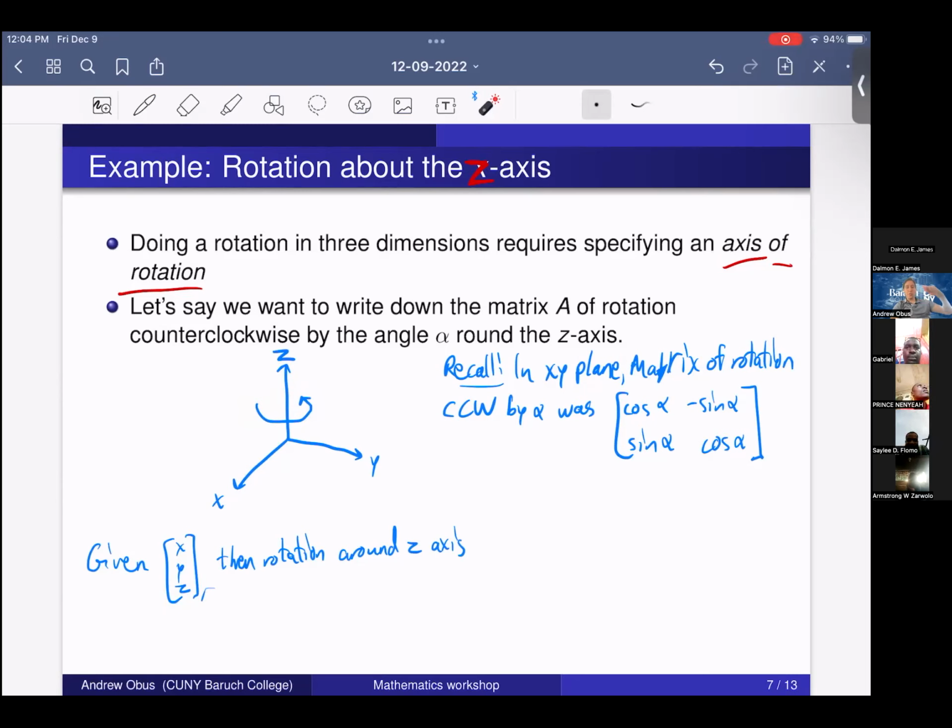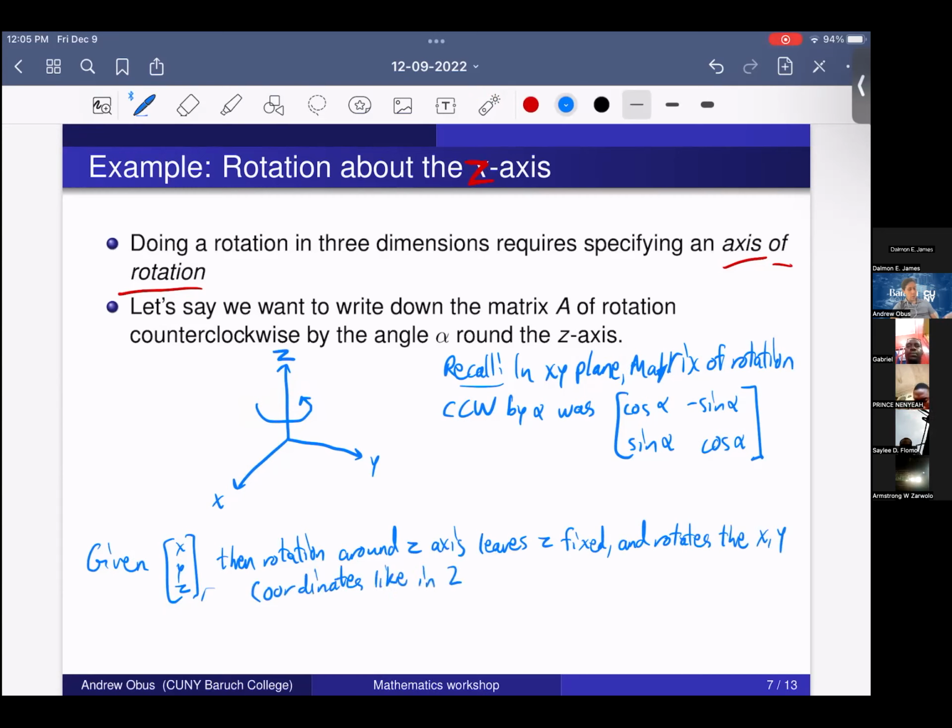So rotation around the Z-axis leaves Z fixed and rotates the X and Y coordinates like in 2 dimensions.